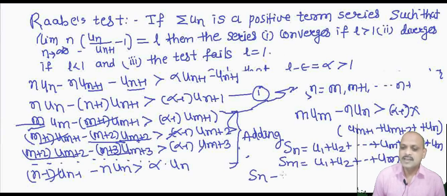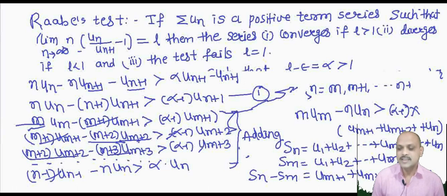If we subtract this, S_n minus S_m, we get u_m plus 1 plus u_m plus 2 plus up to u_n, and all the remaining terms u1, u2 up to u_m will be cancelled.